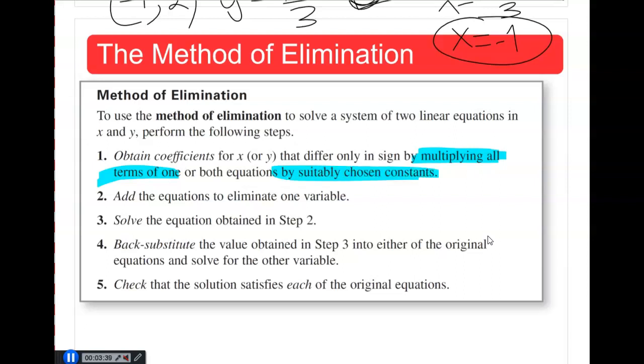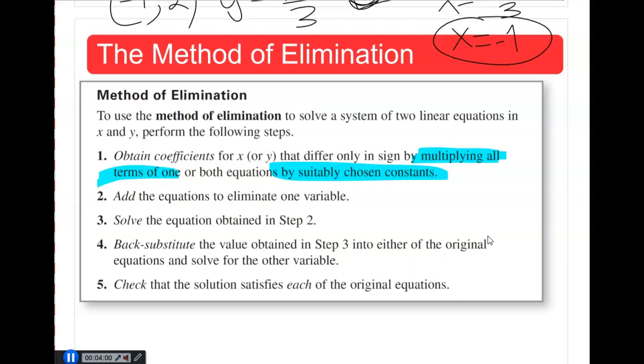The way we will choose those constants is dictated by the coefficients that we're trying to get, so that we get positive and negative, or opposite, coefficients. I will be teaching you how to do that in the examples. So that would be the first step.